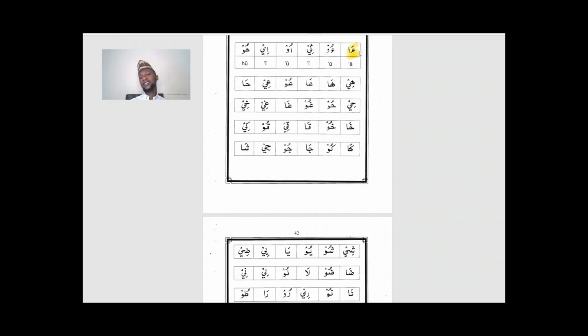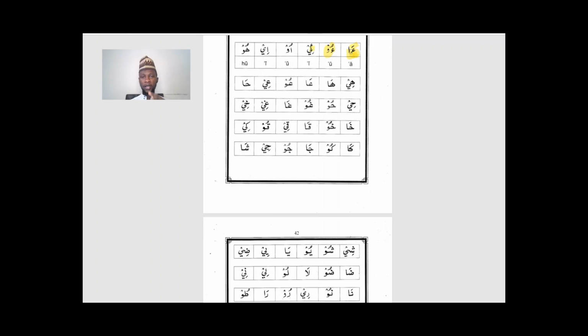If you see any letter with fatha on it, that alif is called alif madd. This is how you say it: hamza fatha plus alif madd equals aa. Hamza damma waw madd, uu. Hamza kasra ya madd, ii.